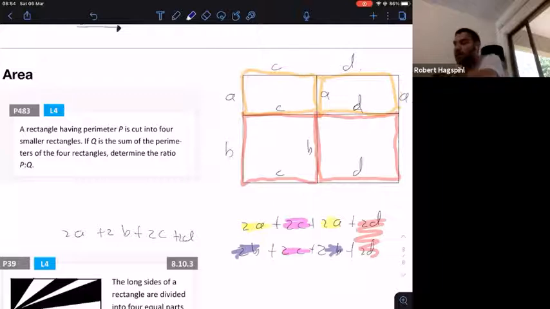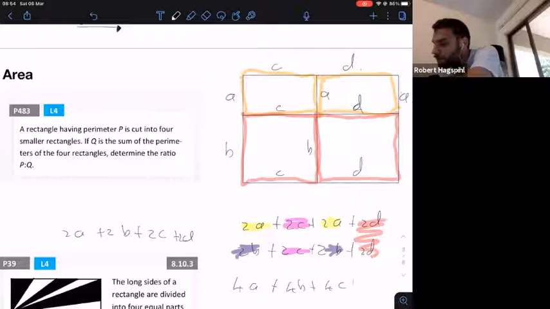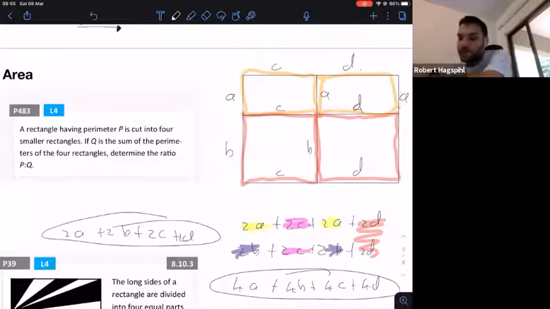And so this area is going to be 4A plus 4B plus 4C plus 4D. And does everybody see that is twice as big as this? So if you randomly assign variables, you do it logically, or you do it algebraically like Issa did it, all of those are legit answers that are going to get us to the solution.